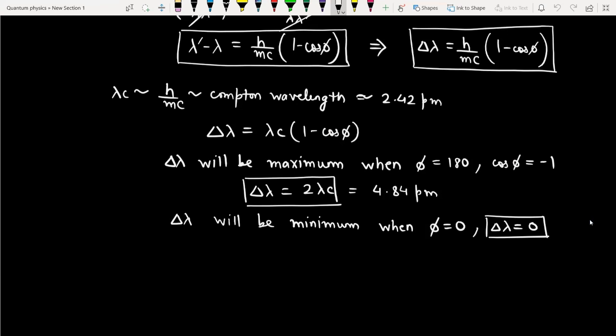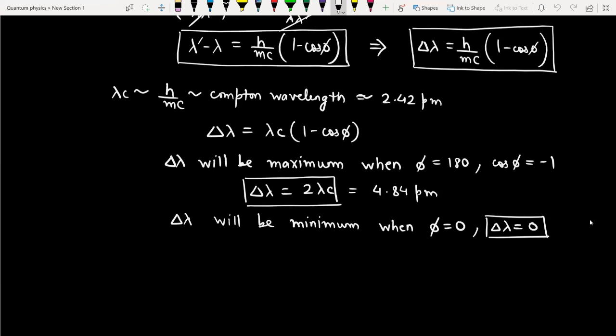It is very, very important from the exam's point of view, because they can just ask you what the change in the wavelength is. They'll give you some particular value of phi. They may even ask what the change in wavelength is when the photon gets backscattered. So you must remember that when the photon gets backscattered, phi is equal to 180, cos phi is -1, and you get the maximum change in the wavelength, that is delta lambda equal to 2 times lambda c.